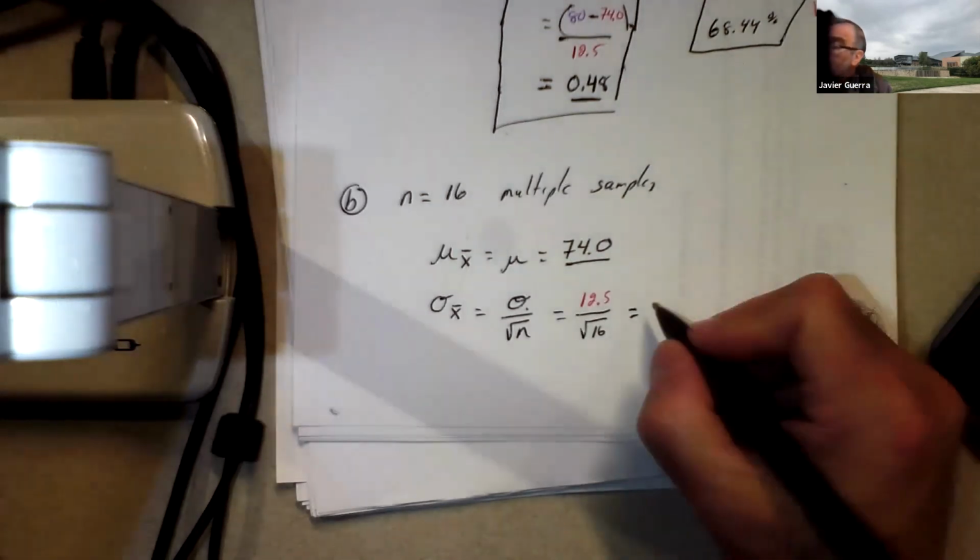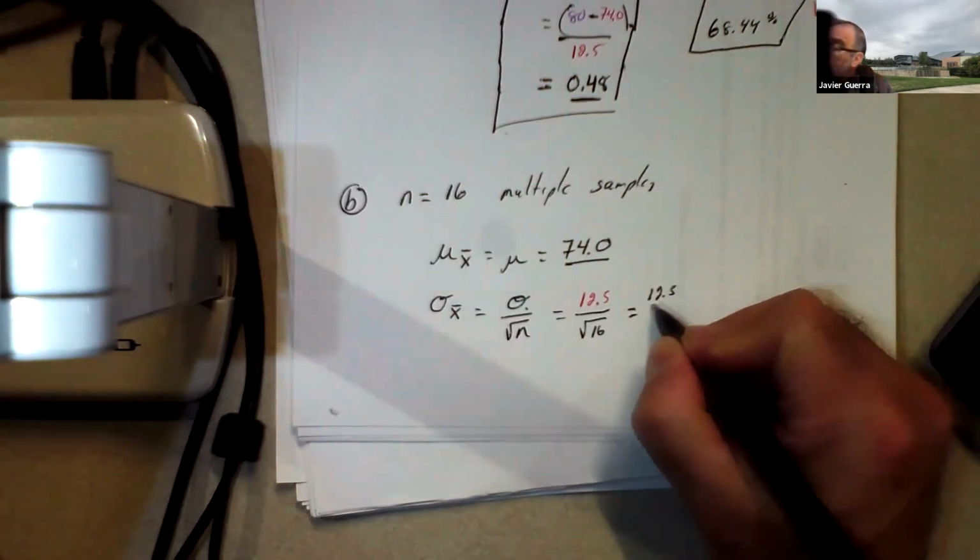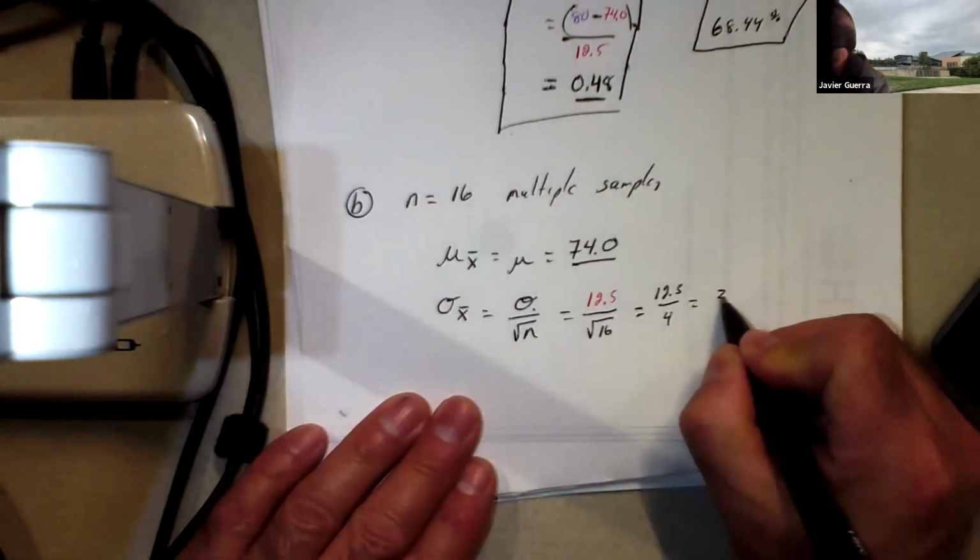All right, so let's compare. What did you guys get if you divide 12.5 by the square root of 16? Four. You got 4? Oh, square root of 16, yes, it's 4. So now divide 4 into 12.5. 3.125. You were correct.